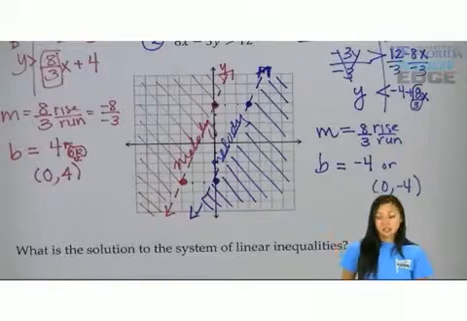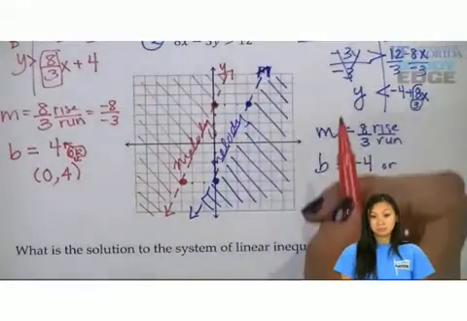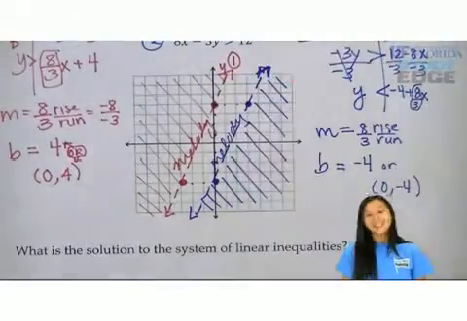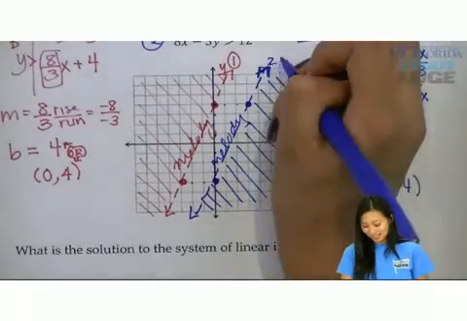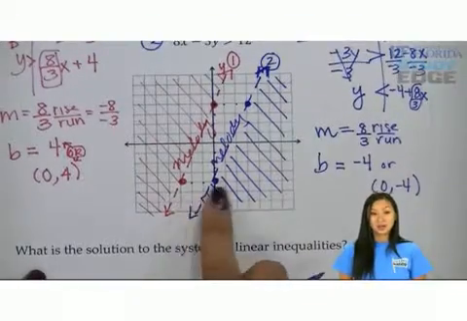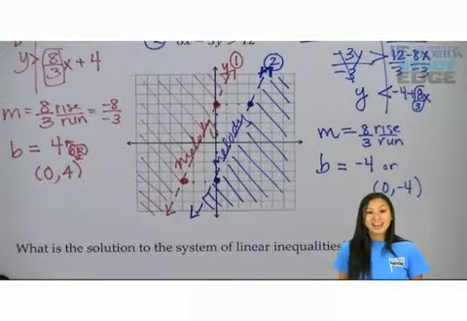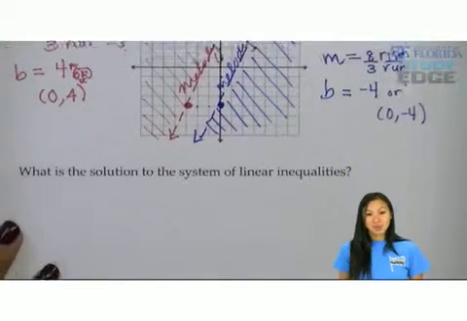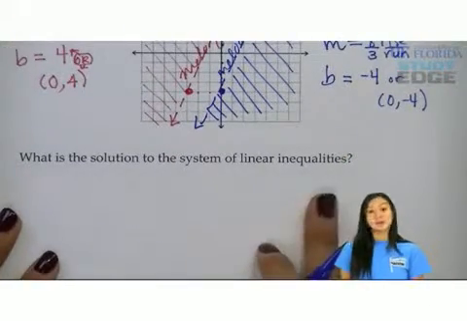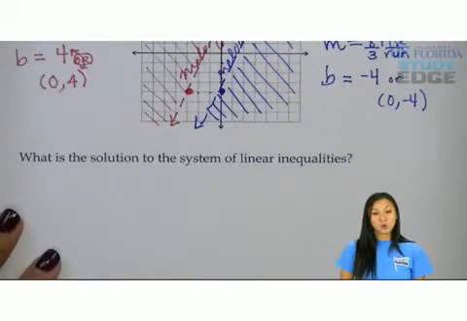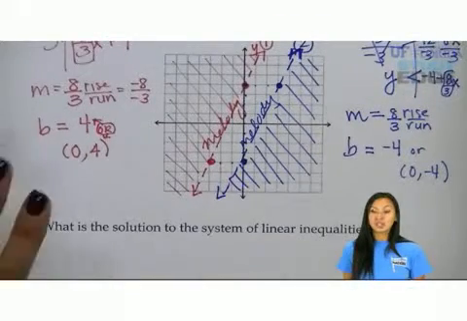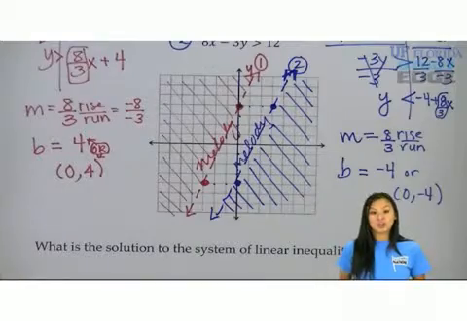All right. So this is line number 1. This is line number 2. This is inequality 1, inequality 2. Now we have to actually answer the question. What is the solution to the system of linear inequalities? Remember, the solution to linear inequalities is where they overlap.